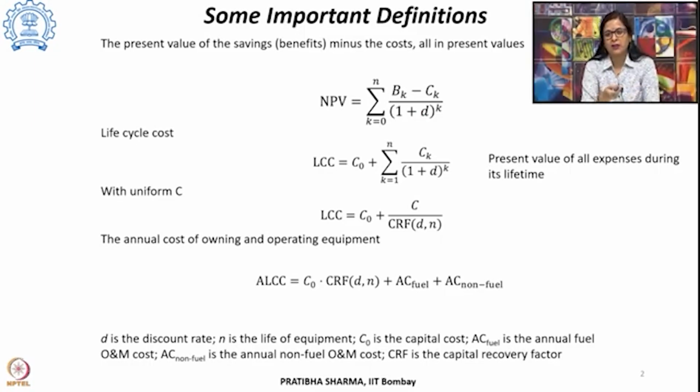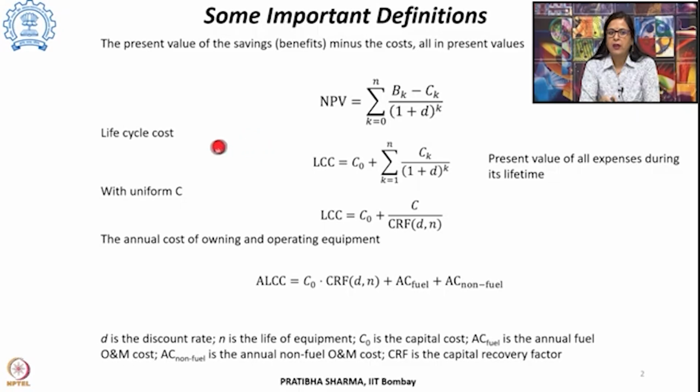When some investment is done today, what is the expected gain, or what will be the worth of that money which is invested, in the future. That is considered by the discount rate, and this is summed over the number of years. So, for the kth year, this is Bk, the benefits, minus the cost Ck in the kth year, over 1 plus d to the power k. d is the discount rate, k is the year.